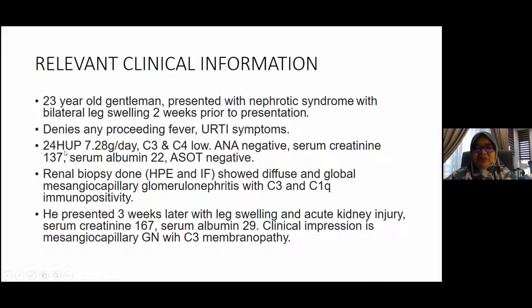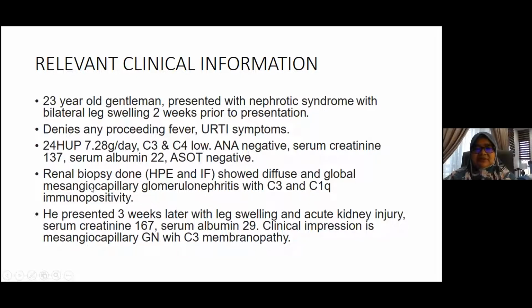His 24-hour urine protein was in the nephrotic range, 7.28 grams per day, with a low C3 and low C4. The ANA is negative. The serum creatinine is slightly raised, 137, with 22 of albumin, slightly low, but the ASOT is negative.